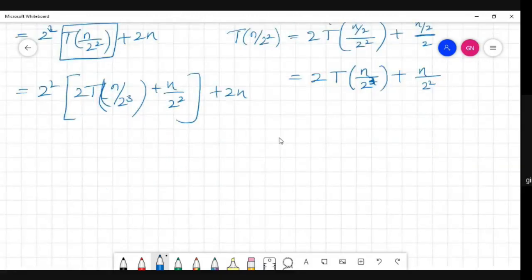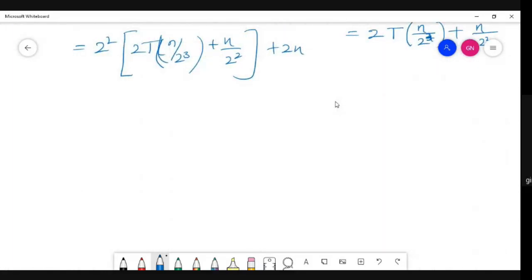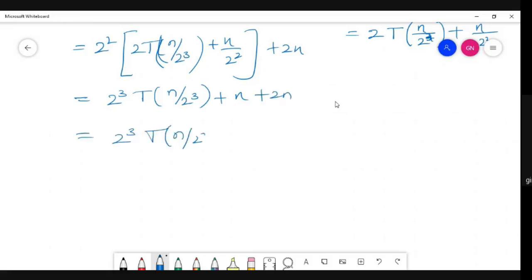And now when I simplify this, observe, I'll get 2 cube T of n by 2 cube, plus when I multiply this 2 and this 2, they cancel. I have remained with n plus 2n. So I have remained with 2 cube T of n by 2 cube plus 3n, right?